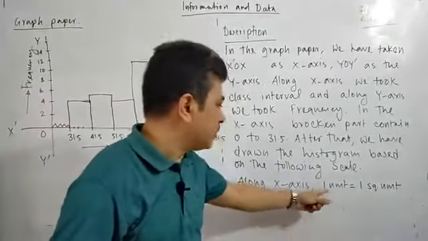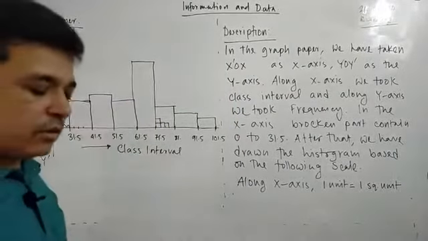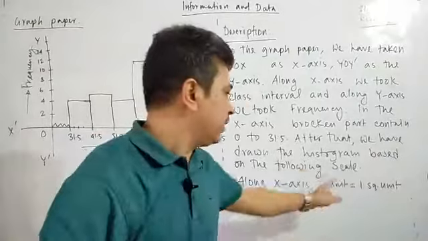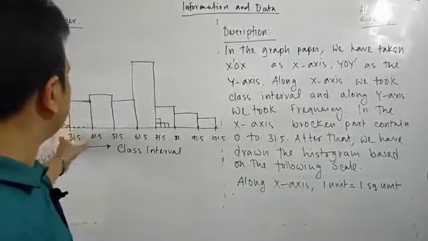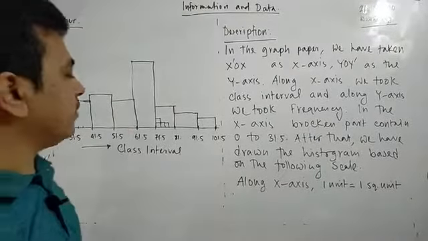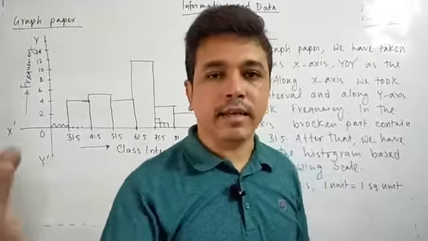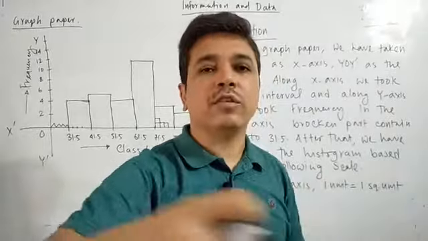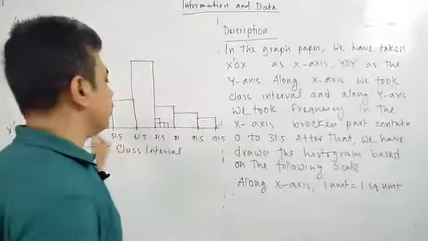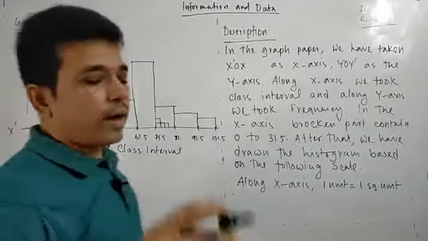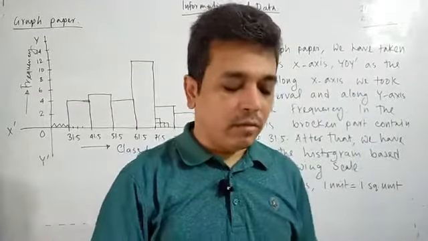For example, here 31 to 41 is 10 units, so you are taking 10 square units. I hope all of you understood. Here the class interval is 10. So along the x-axis 1 unit equals 1 square unit. For example, you have 10, so you have to take 10 squares, or 10 square units. Along the y-axis, if you take 1 unit equals 1, the graph will be very low. Do you understand what I am telling you?